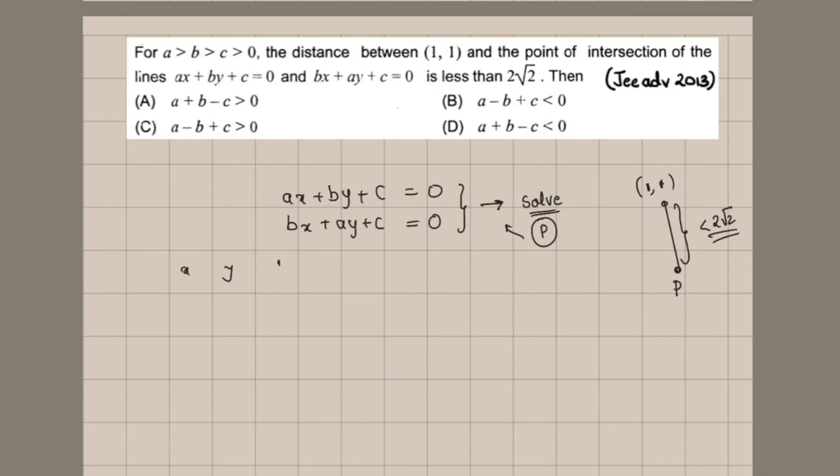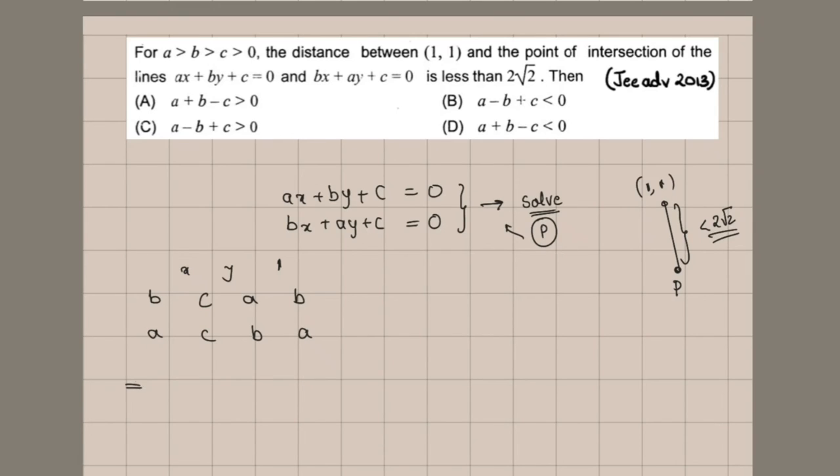So this is a short trick which I have discussed in lecture 8. We need to start with the coefficients of b, b, c, a, again b, a, c, b, again a.